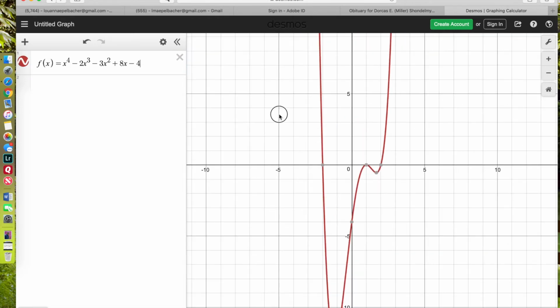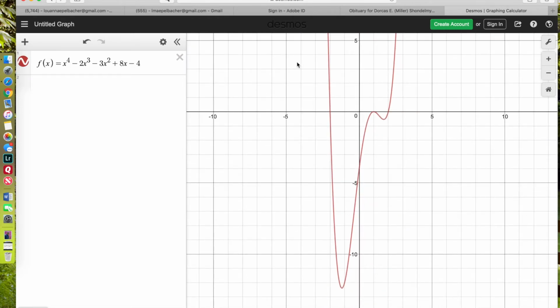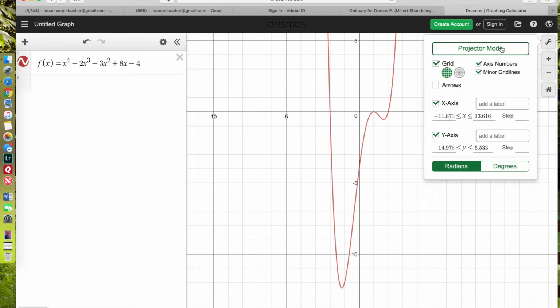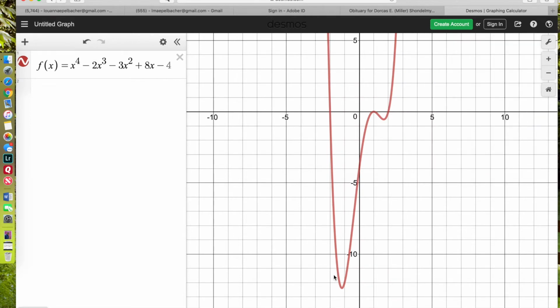Let me put that in projector mode for you so you can see it a little bit better. And I have 1, 2, 3 zeros. Looks like they're rational. Looks like the one right here, x equals positive 1, is a double root.